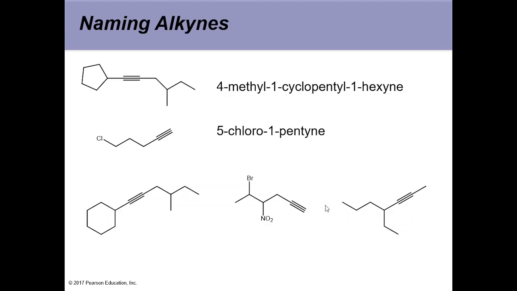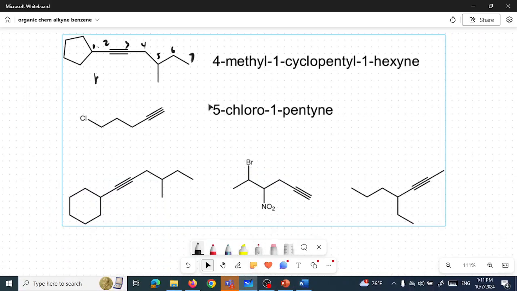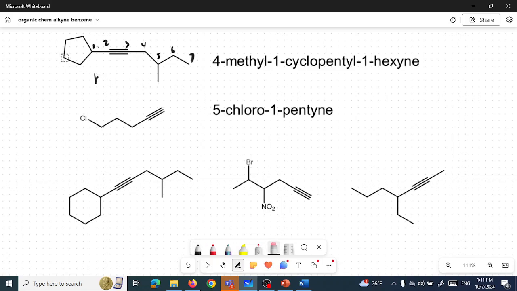Now, here are a few examples of the names of alkynes. Let's see how we're going to come up with the name or structure of this kind of thing. Now, in the top structure, you can see there's a triple bond right here. The longest carbon chain that can include the triple bond would be this chain.